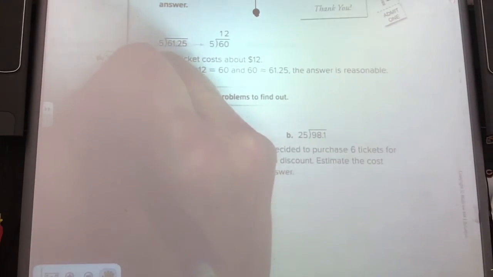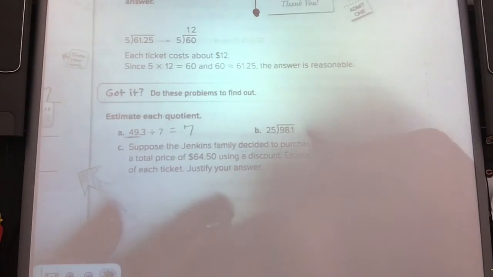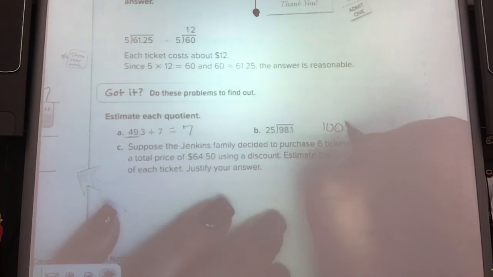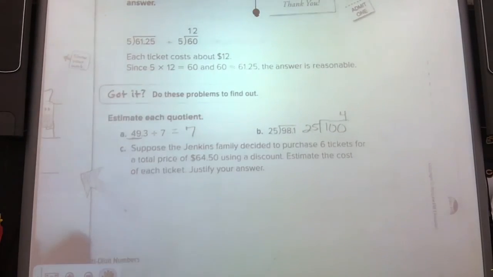So over here, we would have written 7. 25, and we want to divide 98.1 divided by 25. Well, let's think about quarters here, money. 25, 50, 75, 100, 125, which is close to 98. If you said 100, you're right. 100 divided by 25, and that would go in 4 times. So that one would be about 4.